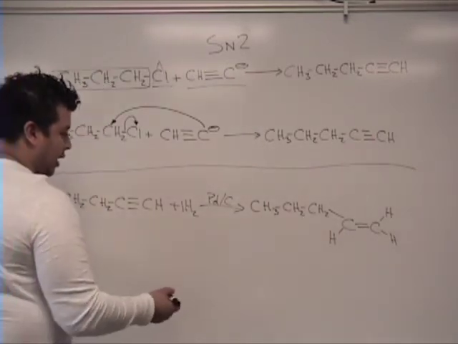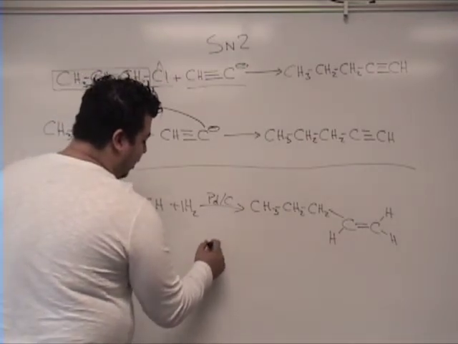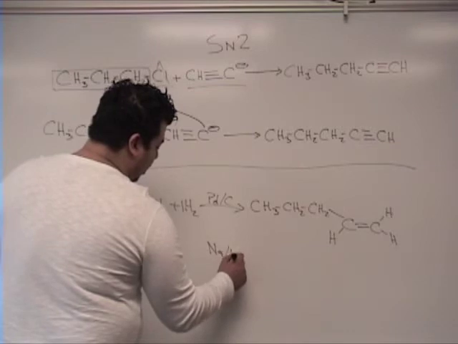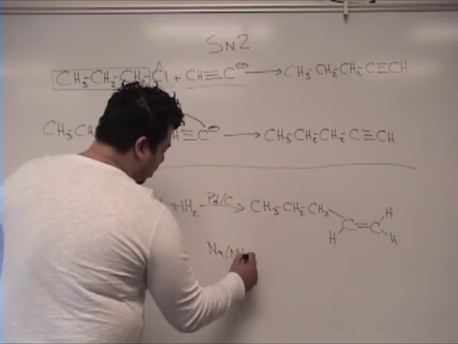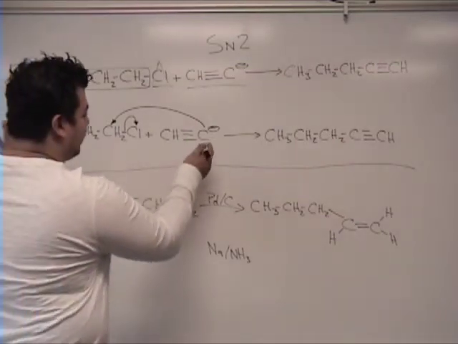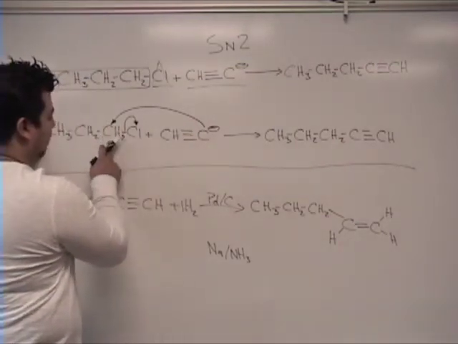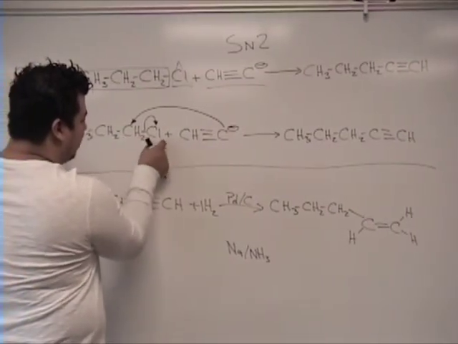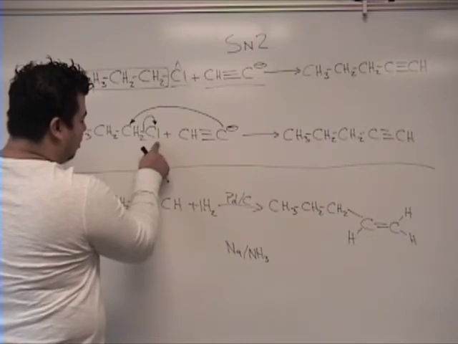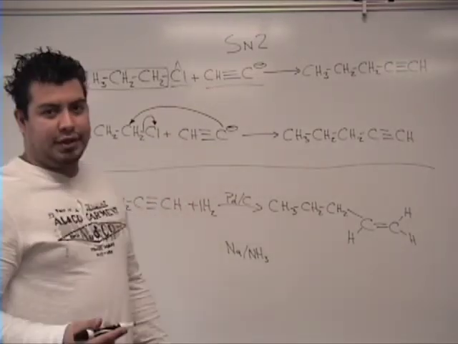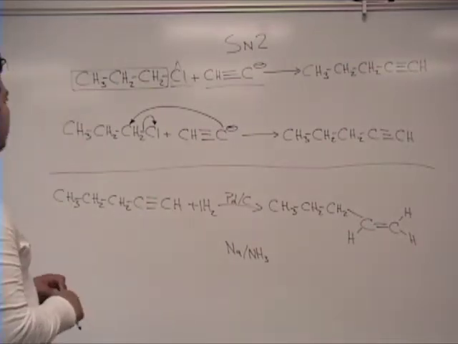If you wanted a trans, then you would add Na and NH3. But your mechanism of SN2 ends here. Again, what happened is our nucleophile attacked our substrate, the carbon that is attached to the leaving group, and the leaving group left, it's a concerted step, 1 step, that's it.